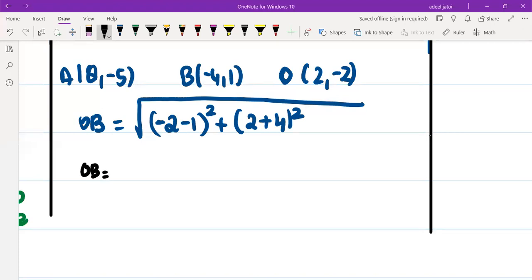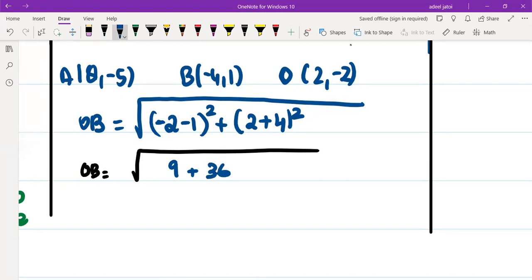So OB will be under root, and minus 2 minus 1 is minus 3, 3 square is 9, plus we have 6, 6 square is 36. So OB should be under root 45, and under root 45 is basically 3 under root 5, which is your answer.